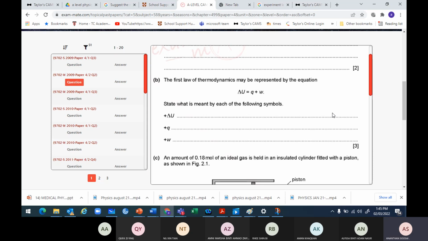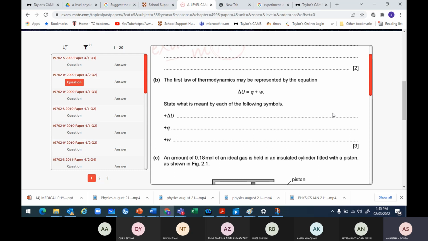Some textbooks, change of U equals Q plus W, they put Q minus W. Okay. Some books they follow Q minus W. It's not wrong. For minus W, the description for internal energy is written slightly different. The change in internal energy is the heat supplied to the system and work done by the system. Put by. You put negative W.